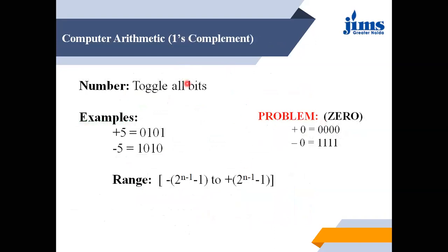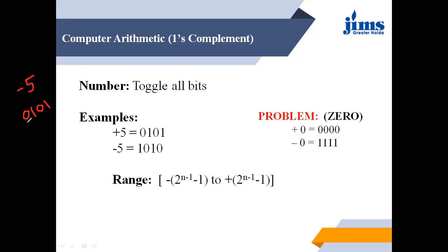In one's complement, we have to toggle all the bits. Suppose I have to write -5, then first of all I will write the binary representation of 5, that will be 0 1 0 1.